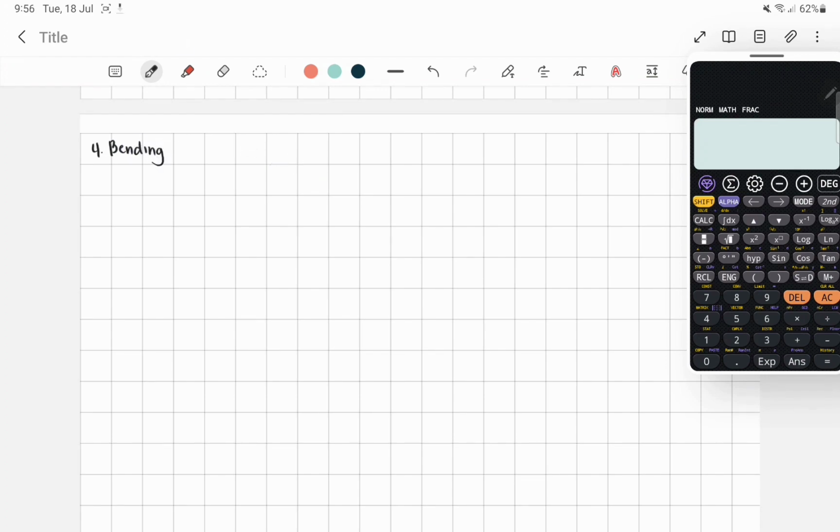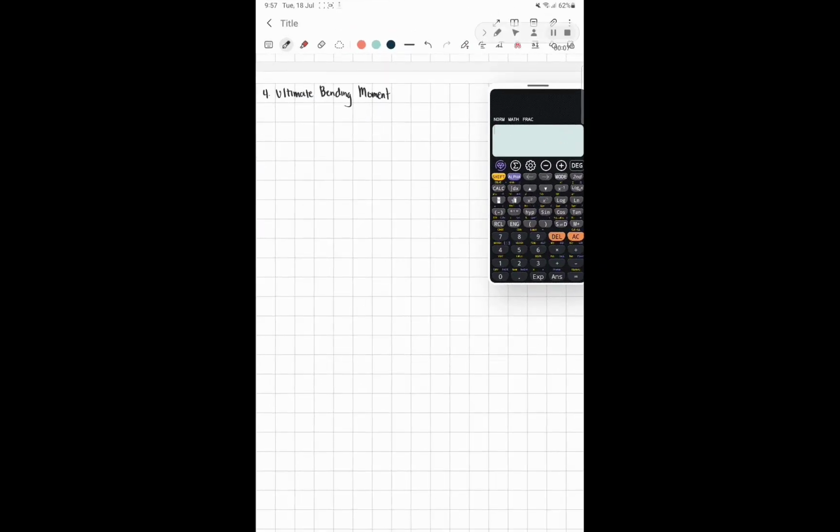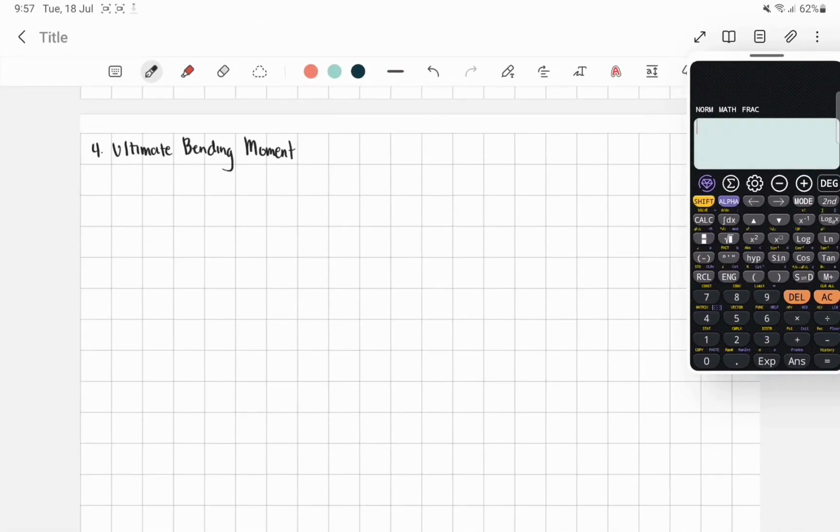We are talking about the ultimate bending moment. So again, let's consider our problem, the top view of our problem.